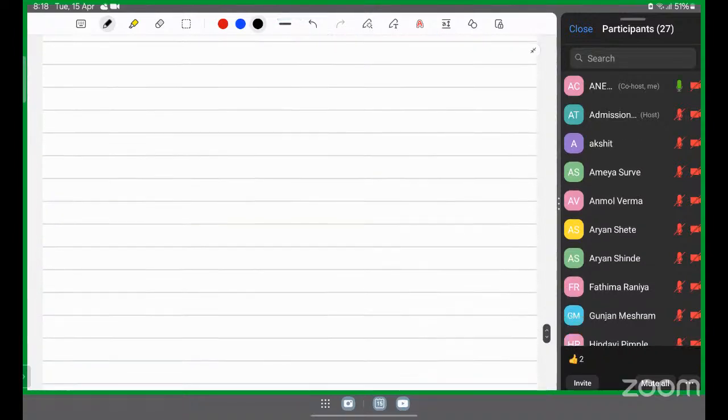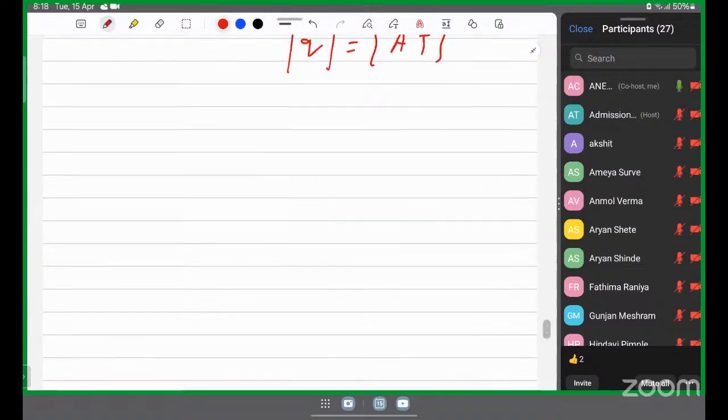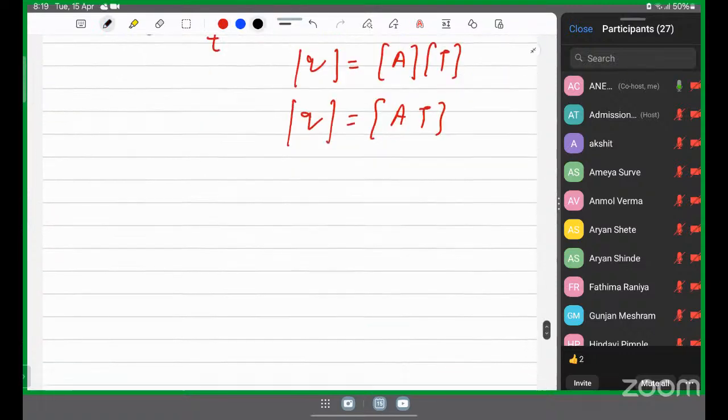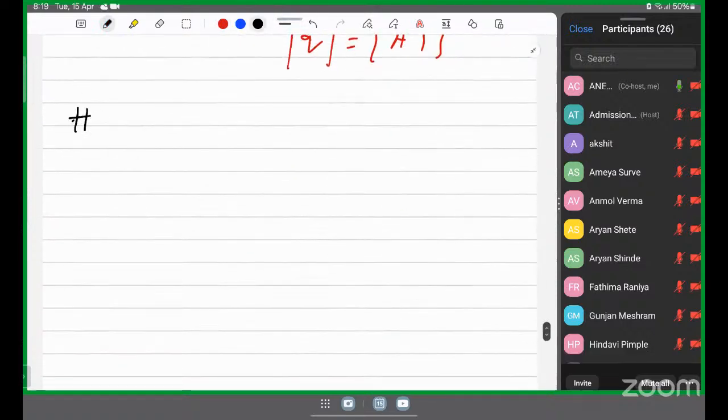Okay. Resistance is also a good one. What is the dimension for resistance R? Now you can go by Ohm's law.